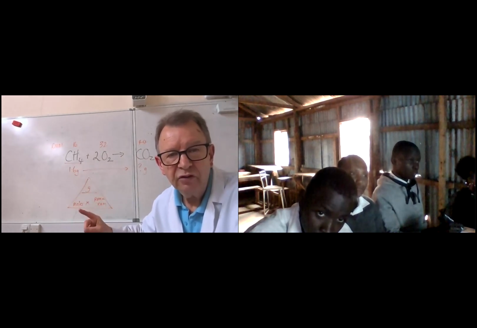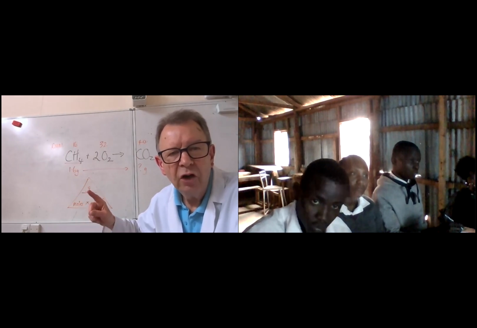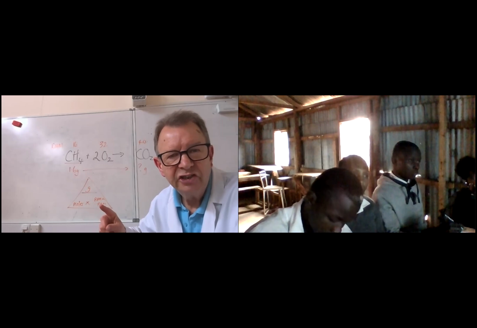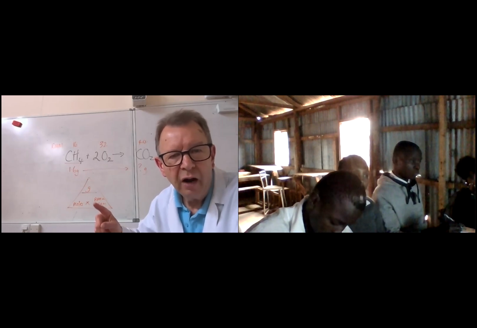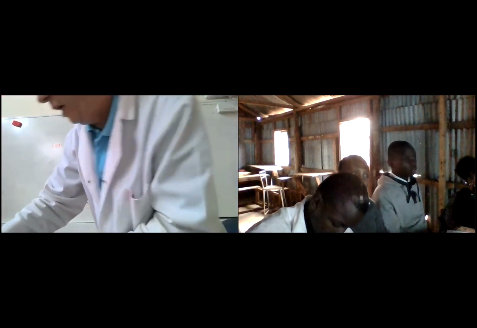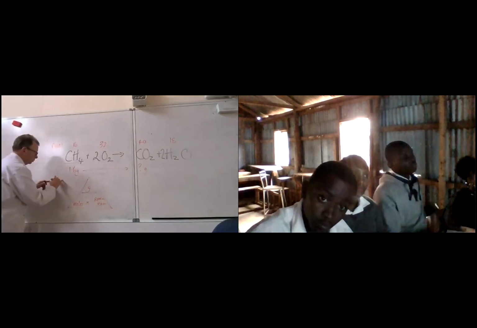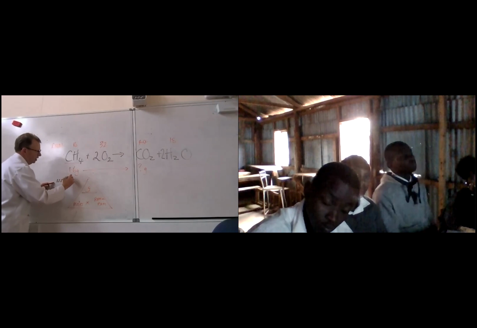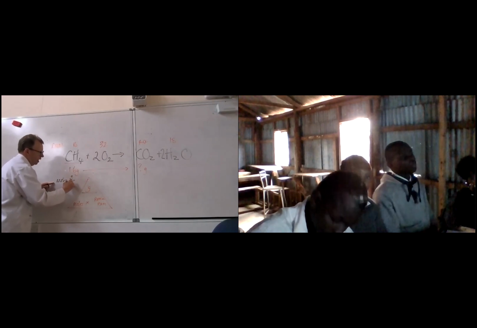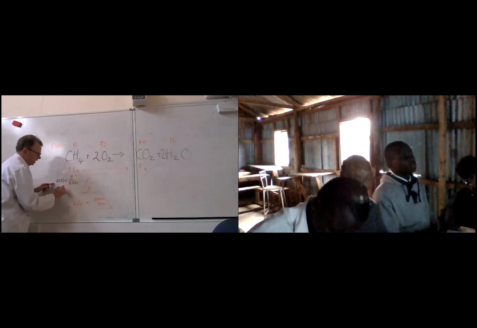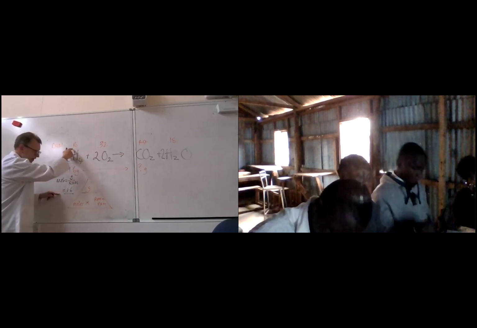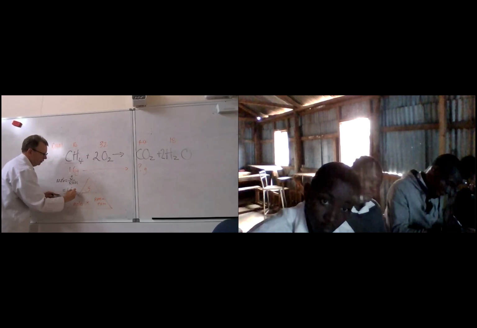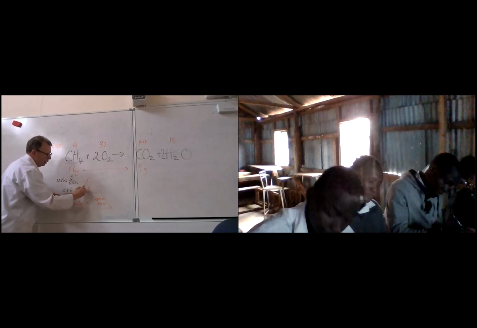I want to find moles, so I put the 1.6 grams over the RMM. Moles equals grams over RMM, and that's 1.6 over 16, which I worked out before, so that's 0.1 moles.